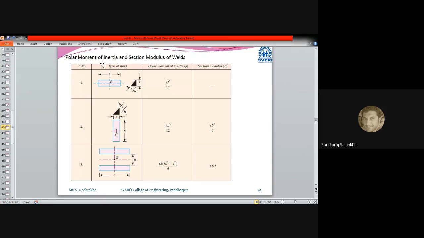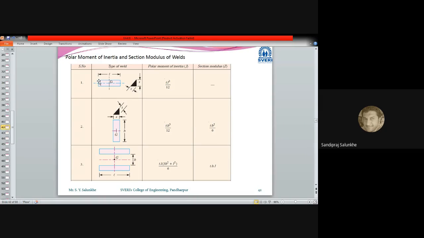Now, how to calculate the polar moment of inertia of all welding sections has been mentioned in this table. This table can be referred to, but it will not be provided to you at the time of the examination. This we have to learn by heart. So when we calculate the polar moment of inertia about the CG point of this rectangle, it will be B D cube by 12, as you know.